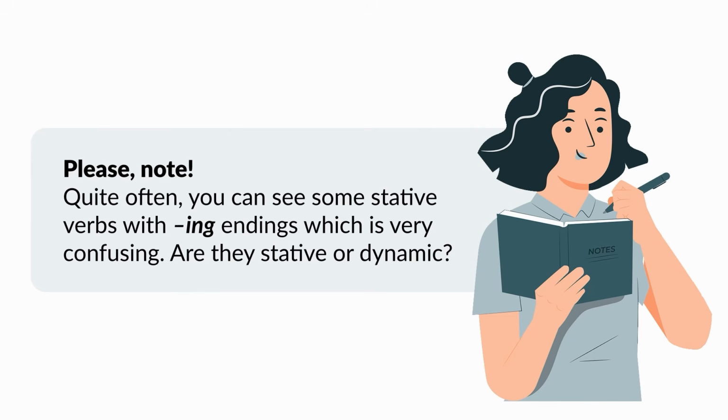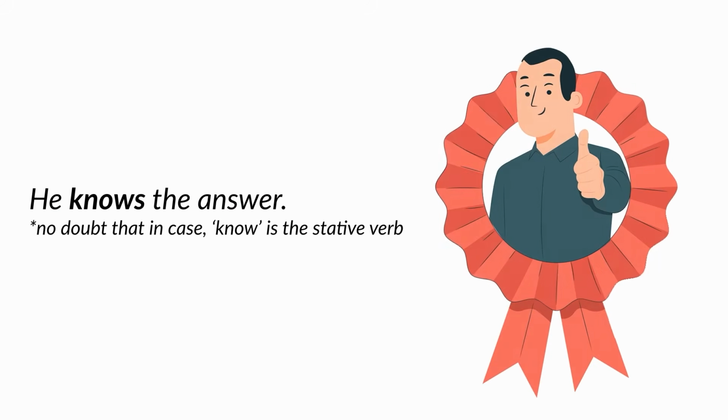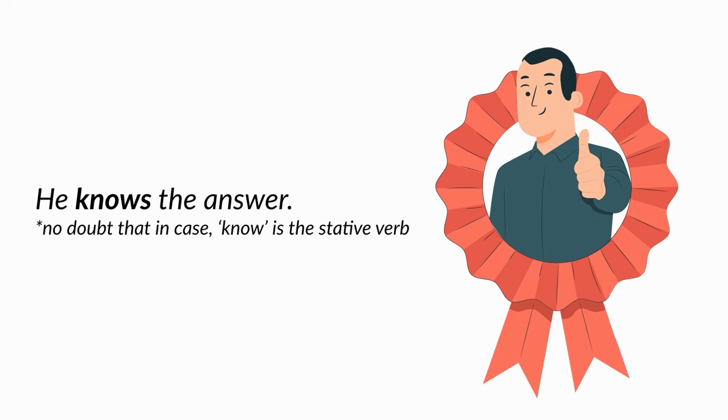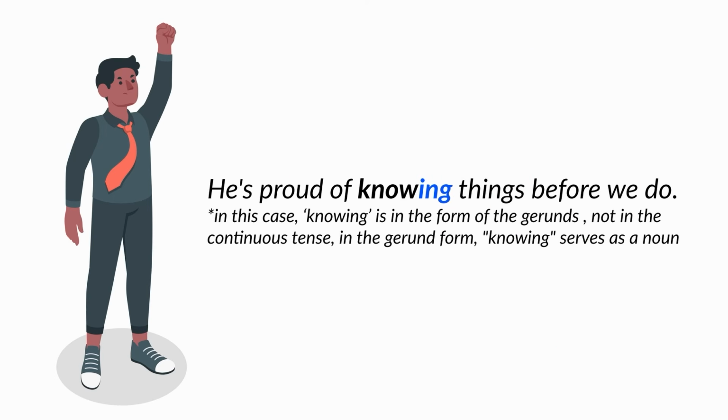Are they stative or dynamic? Let's have a look at the stative verb know in the sentences. He knows the answer. No doubt that in this case know is the stative verb. He's proud of knowing things before we do. In this case, knowing is in the form of the gerund, not in the continuous tense.